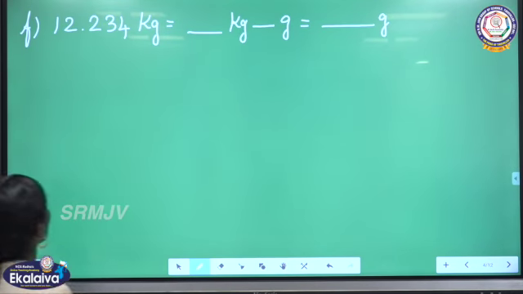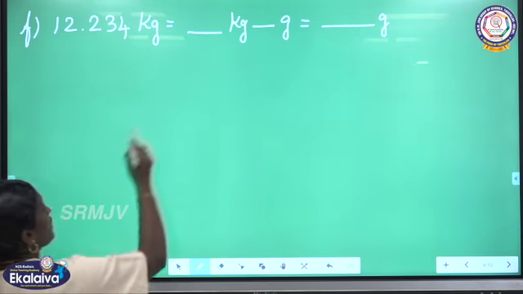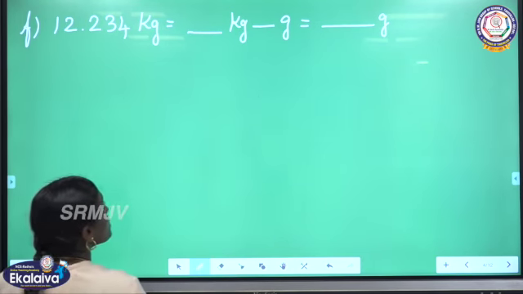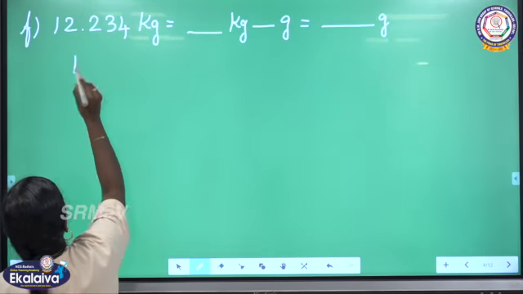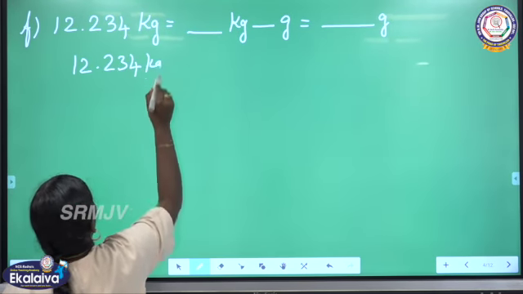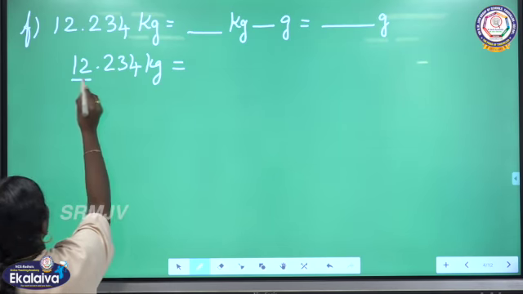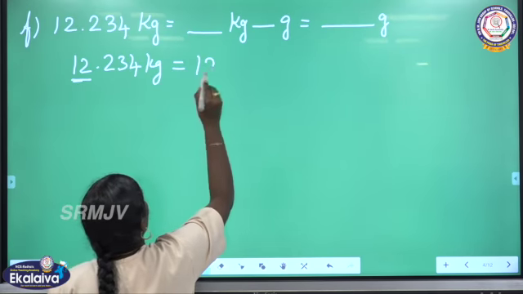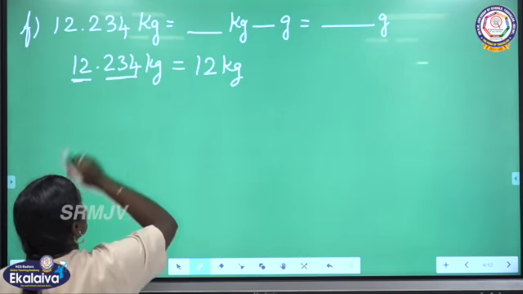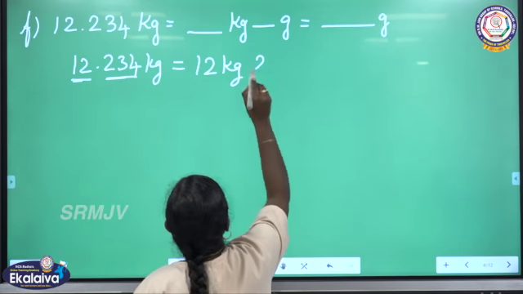The next one, 12.234 kilogram. First we have to write in kilogram and gram, and then we have to write as kilogram. Here 12.234 kilogram. Here the whole number part 12 is the greater unit kilogram and the decimal part is the smaller unit gram.